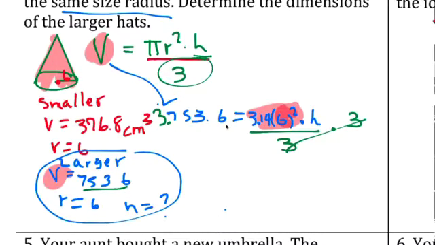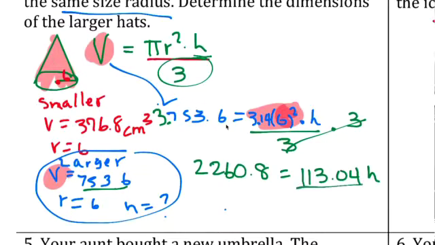So that gives me 753.6 times 3, you get 2,260.8 equals 113.04 times height. Then you divide by 113.04 on both sides.